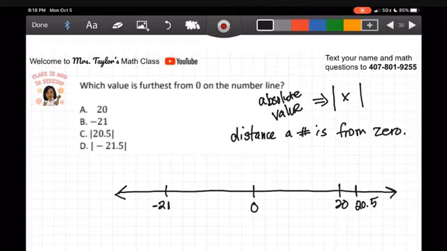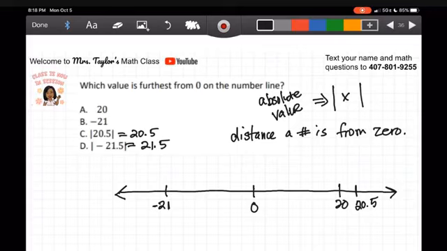And then -21.5. This comes out to be 21.5. Okay? But if I had to plot -21.5, it would be on the left-hand side. So we'll put it on here.